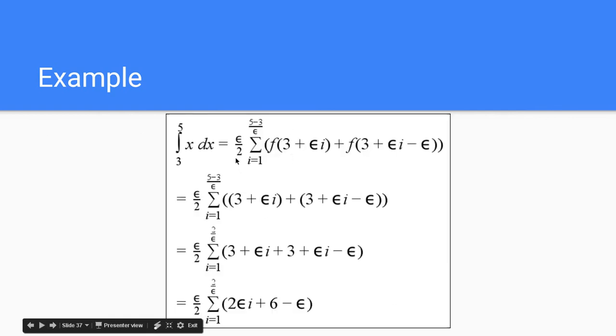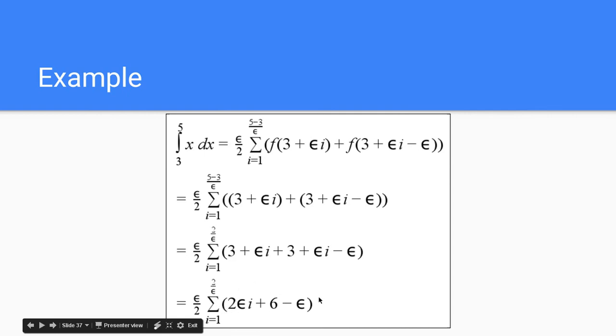The first thing I do is, here's the formula again. If we look down here, you can see that I have essentially removed the parentheses, and I have solved up here. So 5 minus 3 is 2, so we just got 2 over epsilon over here, and then I've just removed the parentheses because it's just addition, so you don't need them.